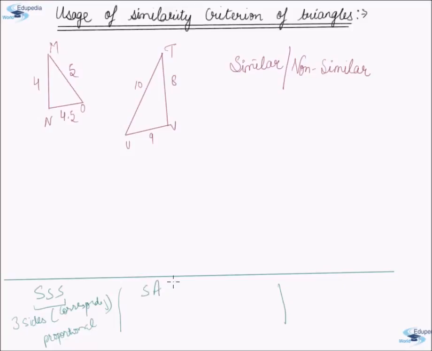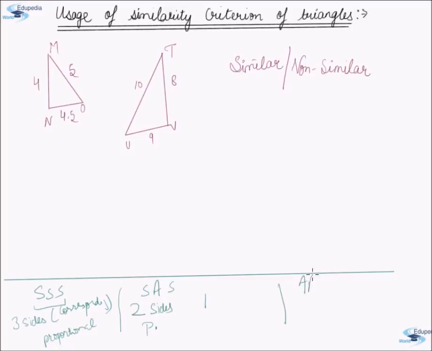The second is SAS criteria, which says that two corresponding sides are proportional and one corresponding angle in both the triangles, the given pair, is equal, then the given pair of triangles is similar.